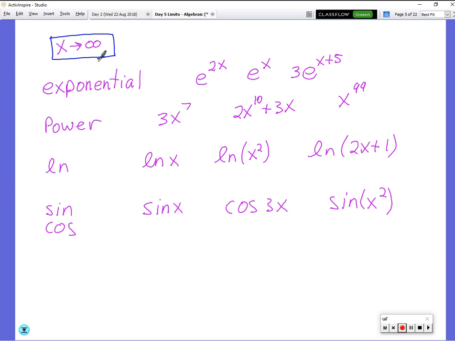Questions? So you do have to have this hierarchy memorized. As x goes to infinity, exponential grows the fastest, then power, then ln, and sine and cosine are just periodic. And then over here I've written random examples of things I've seen on the AP test of different types of ln, power, and exponential functions.